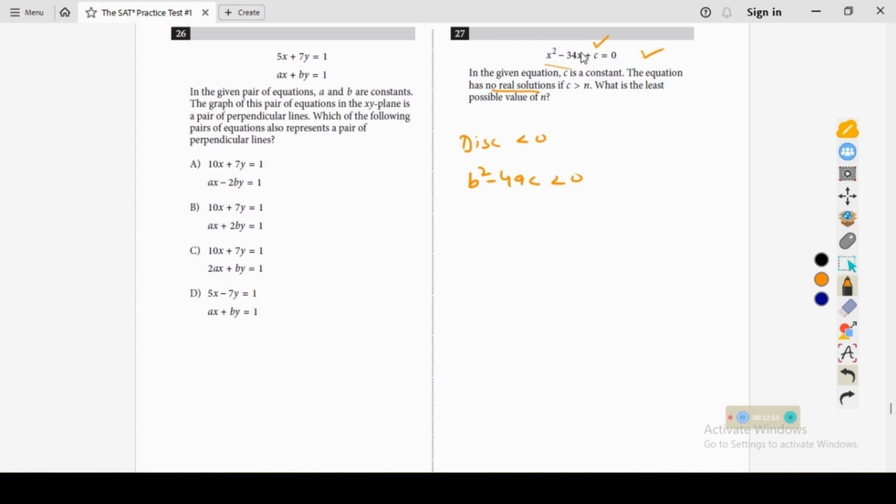By substituting the values from this equation, it becomes (-34) whole squared minus 4c is less than 0. And it becomes 34 whole squared is less than 4c, by dividing by 4 on both sides.